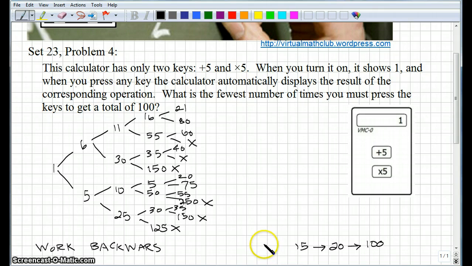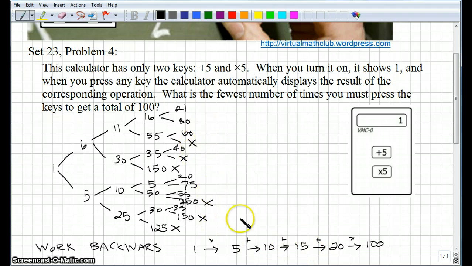So we would have had to add 5 to get there, and so on, until we get to 5. And if we are starting with 1, the only way to get to 5 is to multiply by 5. So here we multiplied, here we added, here we added, here we added, and here we multiplied again. And that is our smallest path.